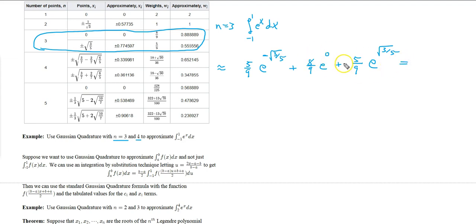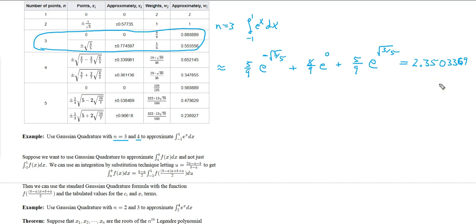And let's see, that quantity comes out to be 2.35033369. And so, yeah, that's a little better approximation.